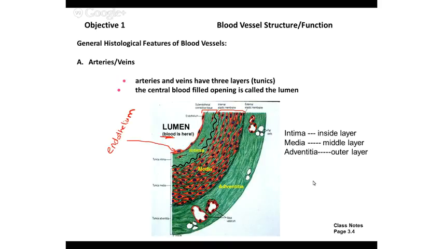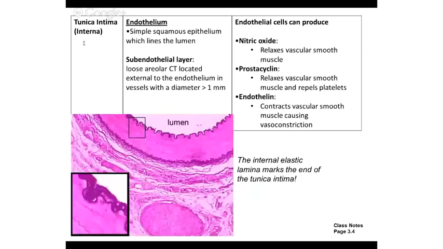Okay, so let's learn a little bit about each one. So like I already told you, our tunica intima is intimate with the blood. So it's right next to the blood, right next to the lumen. Remember, the lumen is the space that the blood is going to be inside. So the blood is here, right? And here's my endothelium right here, this lining of the blood vessel.